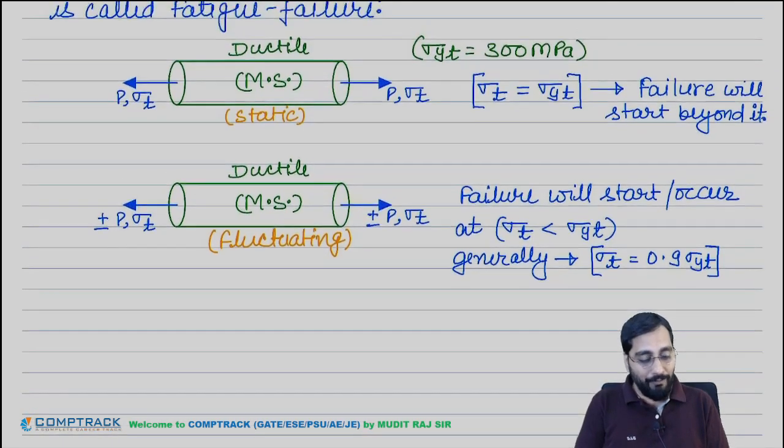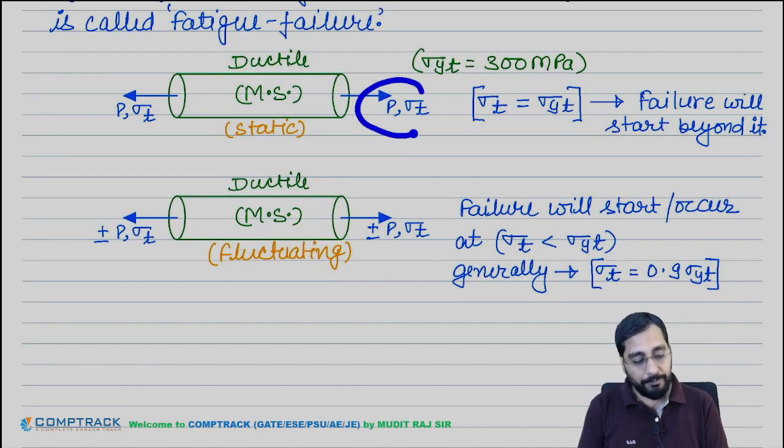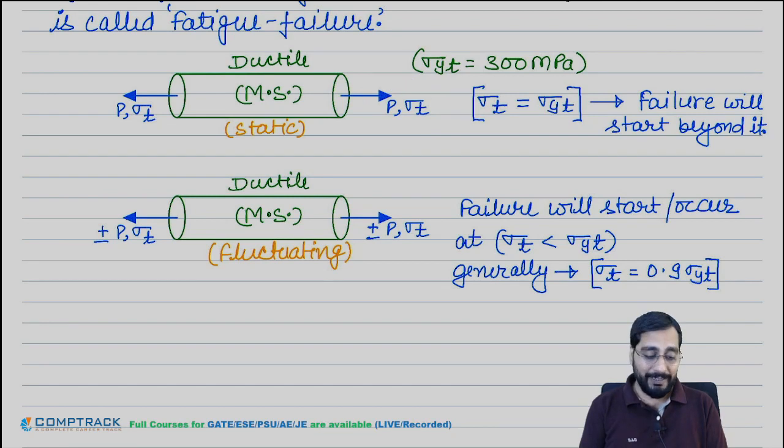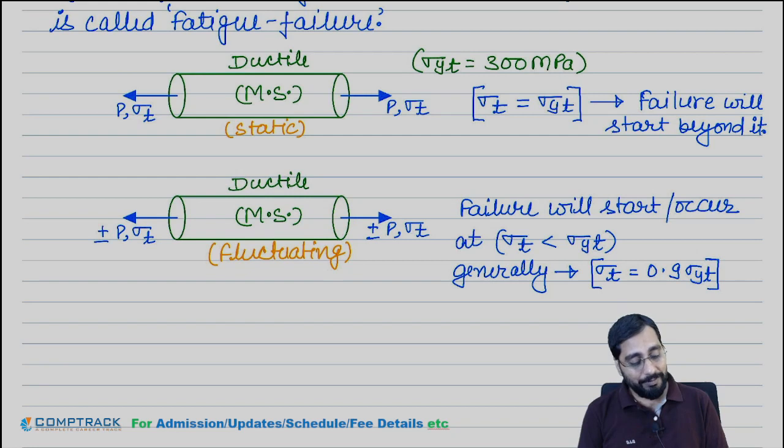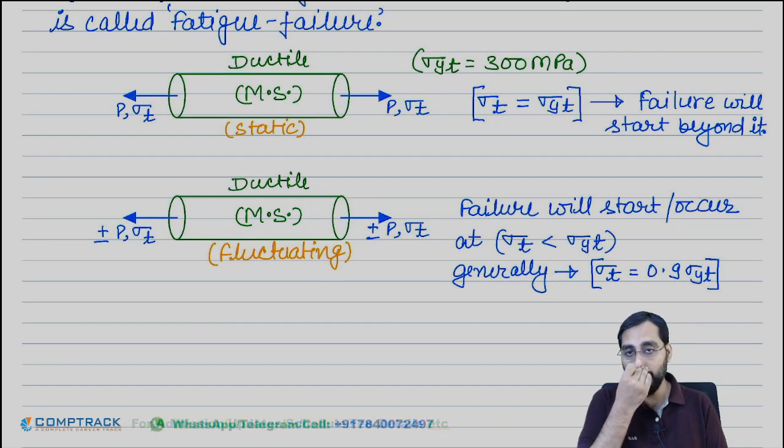So when loading is static, strength of material is high. At a higher value it will fail. But when loading is fluctuating, material will start failing at much below the stress which is the strength of material. Got the point or not?